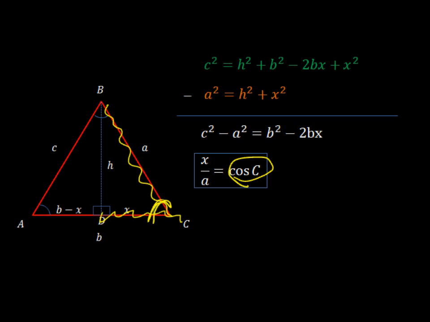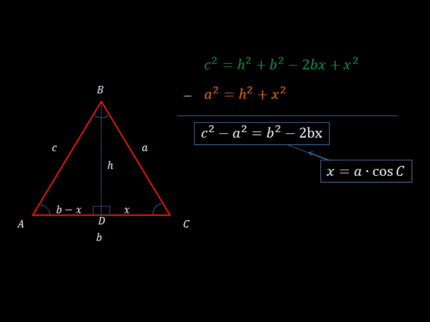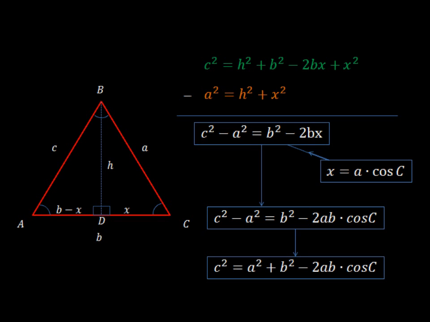And then if we rearrange the term so that we isolate x, we get this. Then we can take this x and use it here. So let's do that. And when we do that, we're only one step away from rearranging it into what is known as the law of cosines. And that is this.